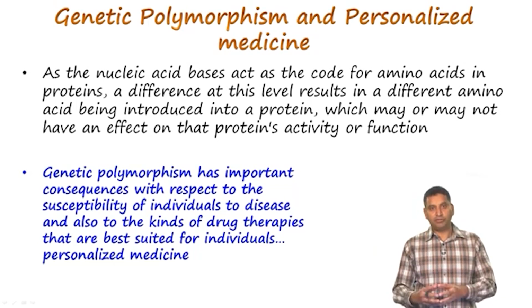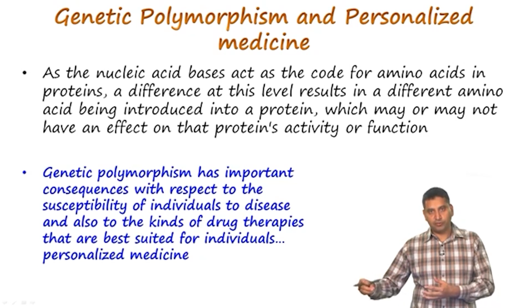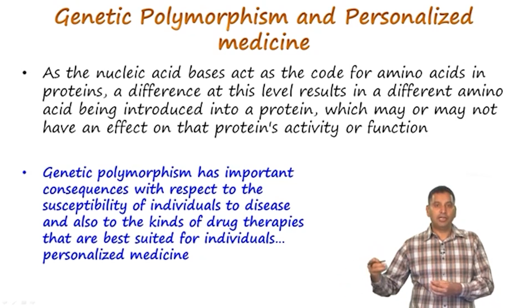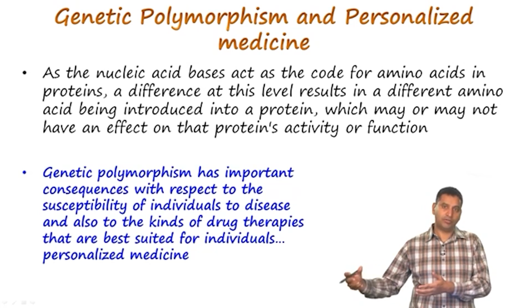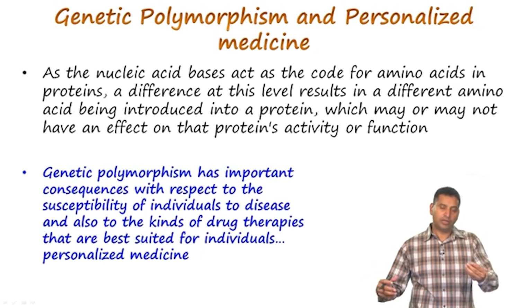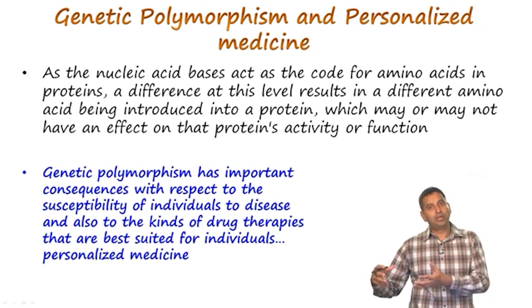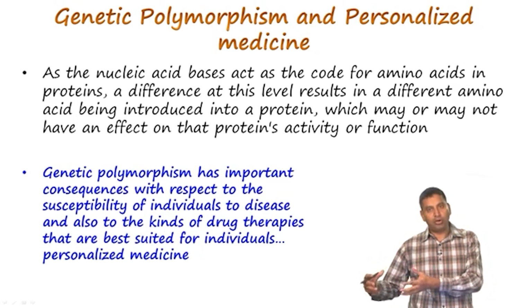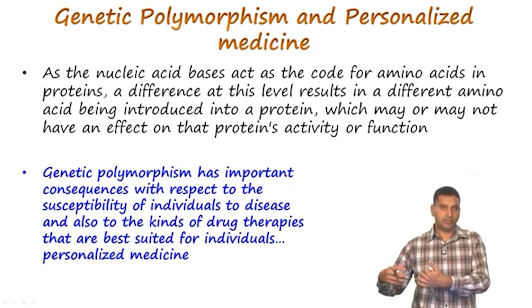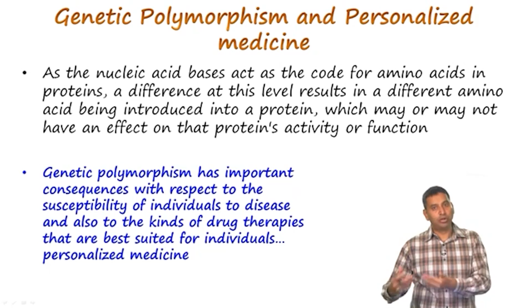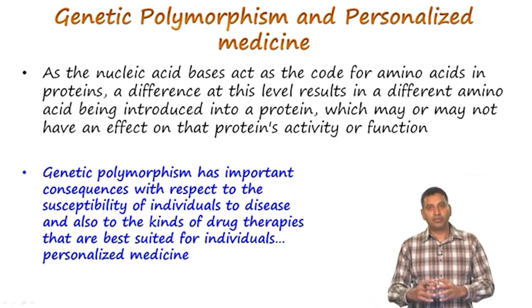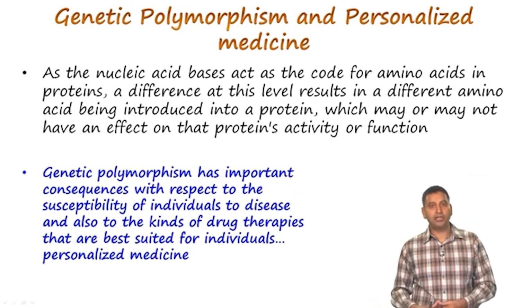If the sequence of the individual is known and if you are able to map out some of these differences, and if you are able to predict or understand how these differences in the protein structure can manifest themselves during treatment, then it is possible to avoid fatalities if a person reacts negatively, or to administer a drug which can be more efficacious to the individual. So, this entire field of personalized medicine is now emerging.